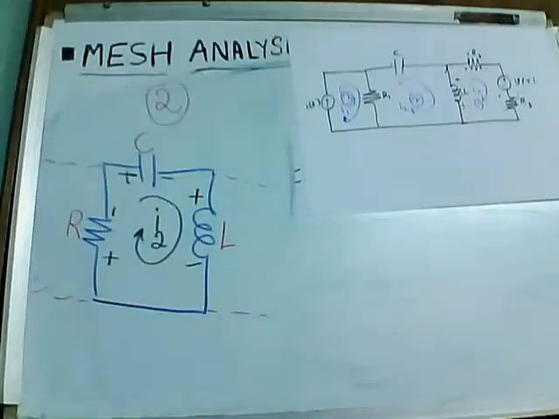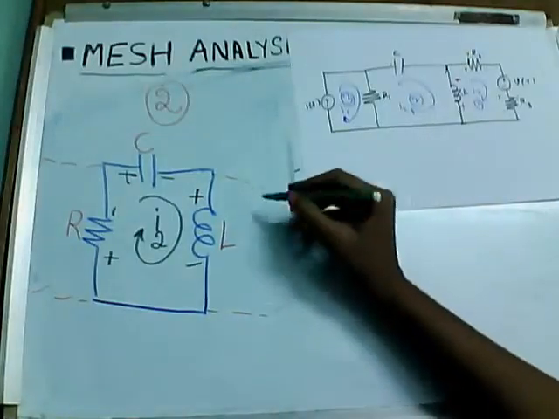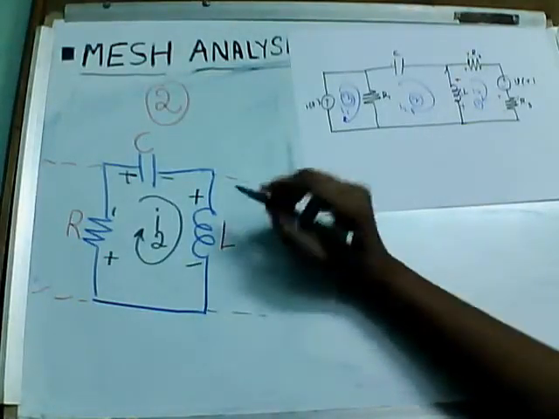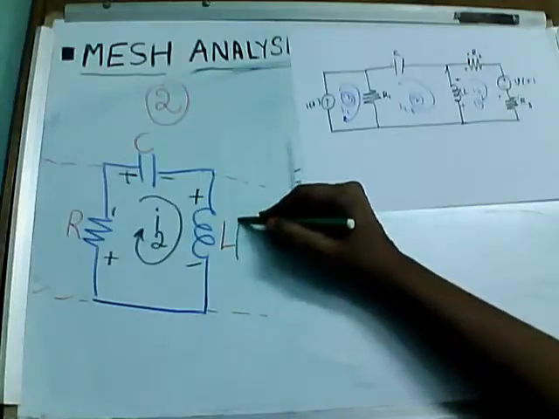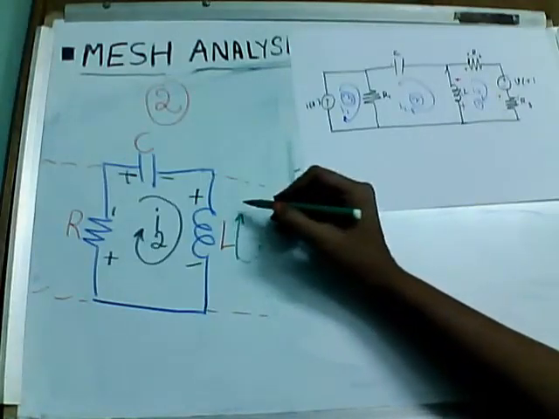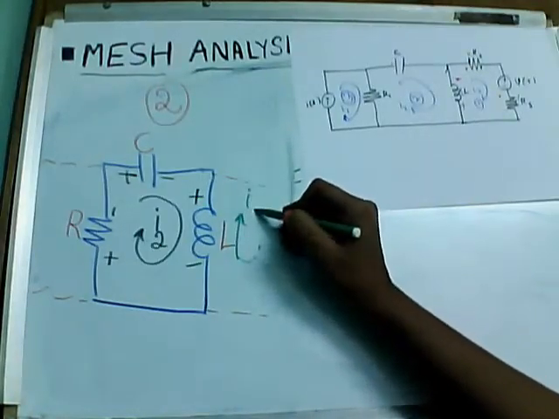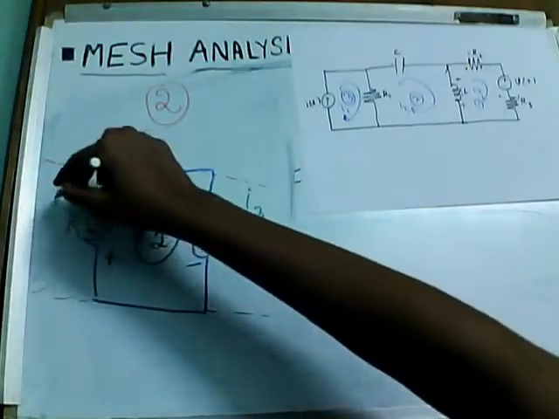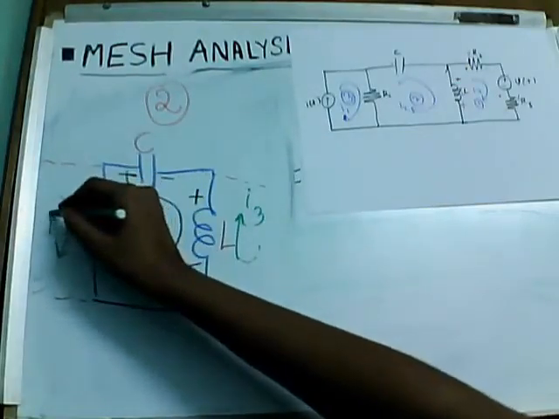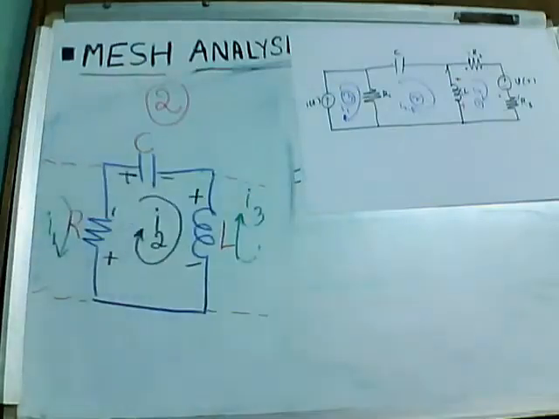Now here the current is in this direction. I'll show you with another pen so that you guys will be comfortable. So clockwise, right? This is I3 and this is clockwise I1.